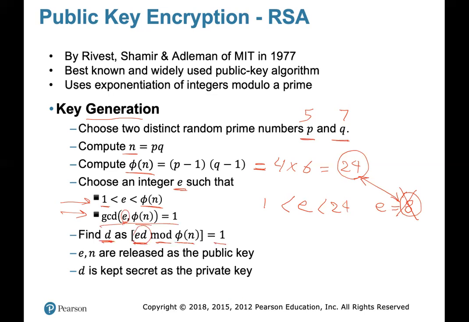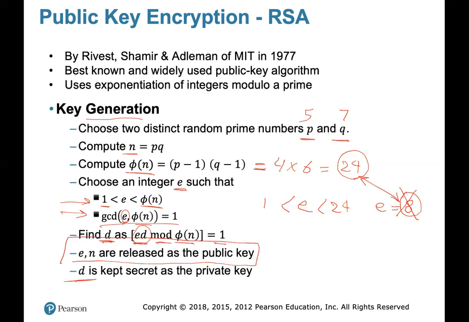So after generating E, n, phi n, and D, we will be using E and N as the public key, and D is our private key.